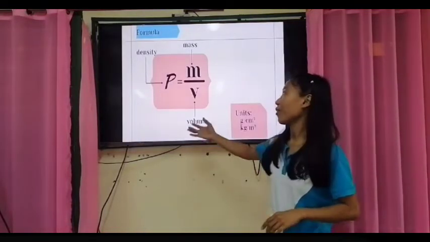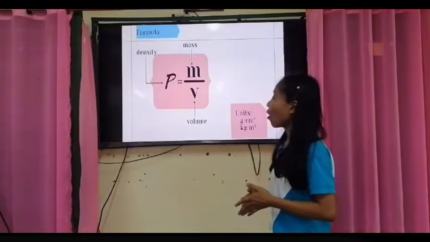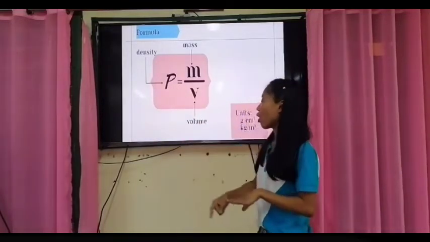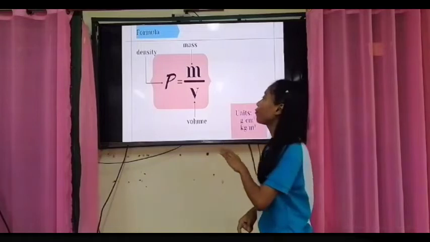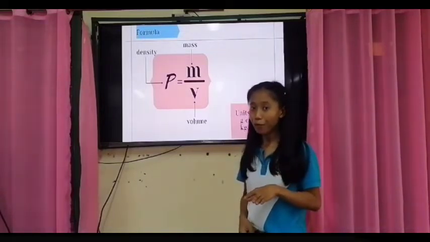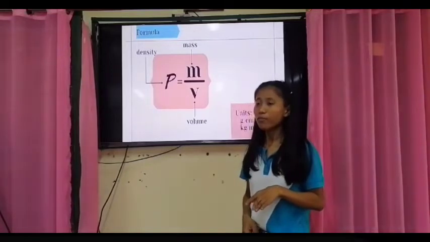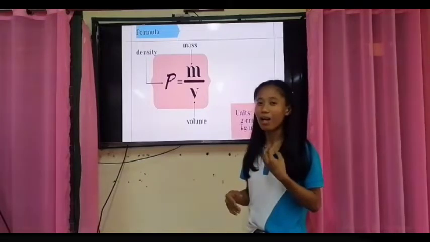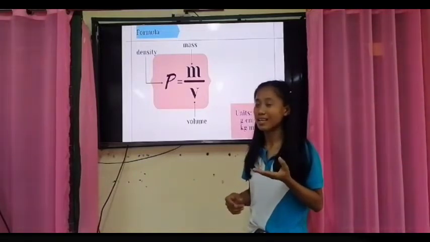So, this is the formula for the density. ρ, or we read this symbol as rho, is equal to the mass per volume. Although we can use the symbol D for density, pero baka malito tayo kasi di ba? Symbol D is also for distance.